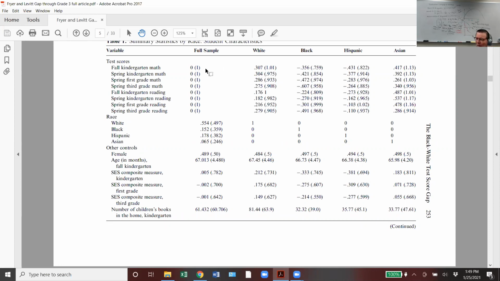They have a 0 mean and a 1 unit standard deviation. So for the whole sample, most of whom are whites, the mean test score is going to be 0.